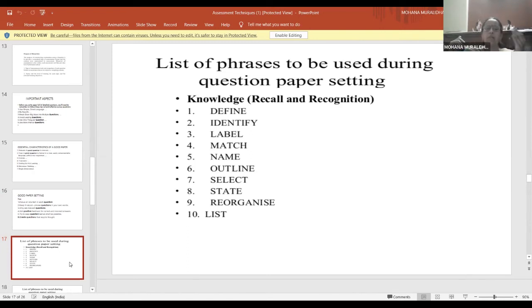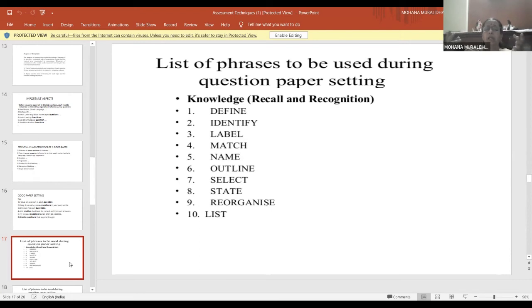So the knowledgeல என்னென்ன question terms, phrases இருக்கணும், சும்மா யோசிச்சு எழுதுற மாதிரி இல்ல: define, identify, label, match, name. If 2 triangles are similar, which side of one triangle is proportional to the side of another triangle, அந்த மாதிரி identify பண்ணி எழுதுறது.